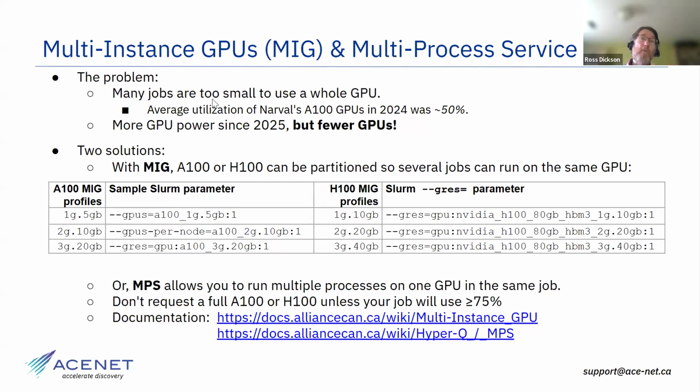And we saw in 2024 that people would reserve A100s, the previous generation, not as powerful as the H100s. People would reserve one, and on average, they were using maybe 50% of the capacity that they'd asked Slurm to give them. They'd reserve a GPU and maybe it'd run at 50% capacity.